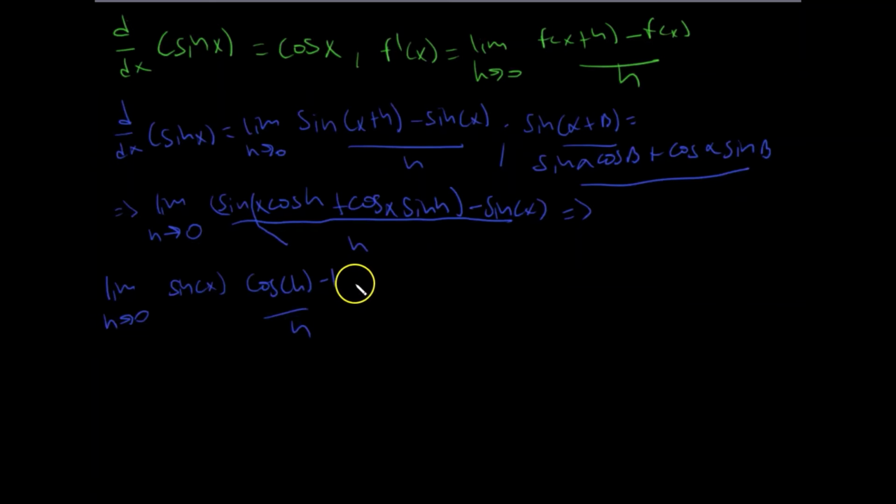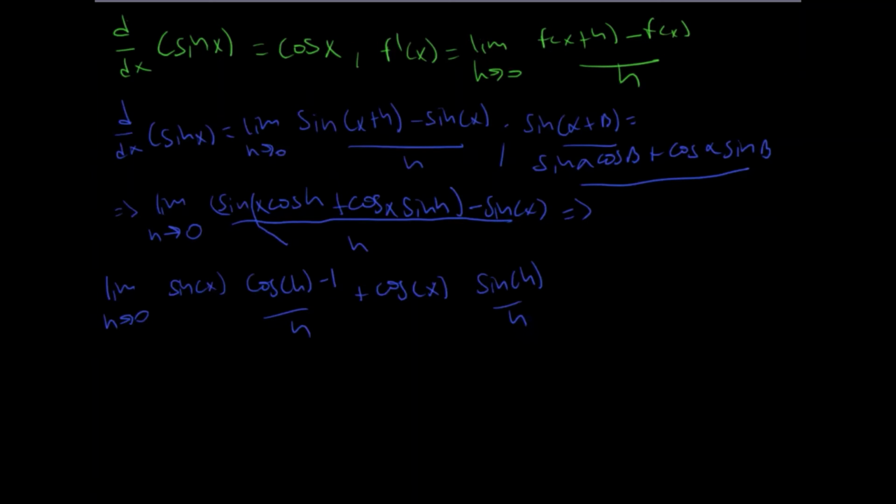Note, this is one of the special limits we looked at in the limit chapter, plus cosine of x times the other special limit we looked at in the limits chapter, which is the limit of sine of h over h.